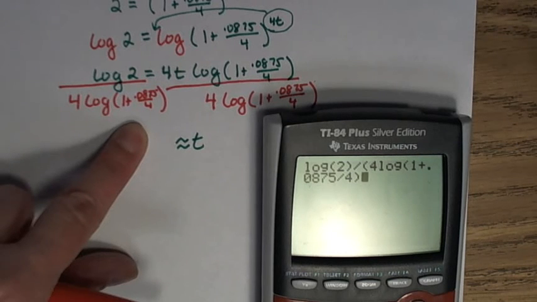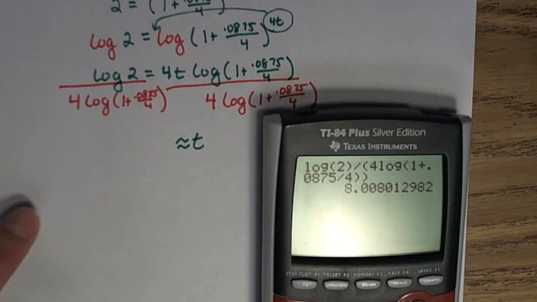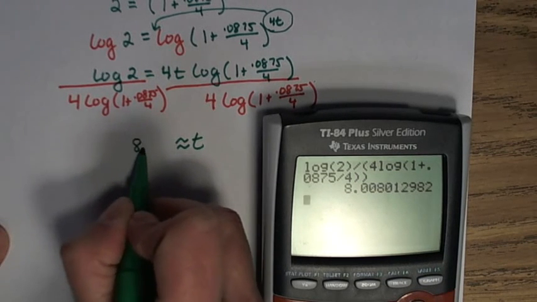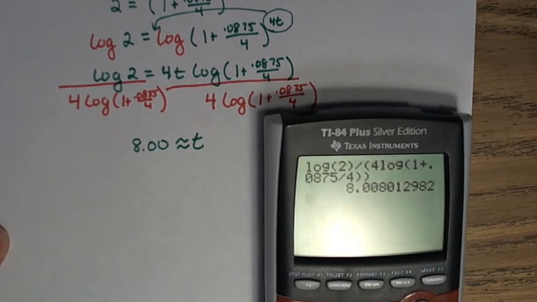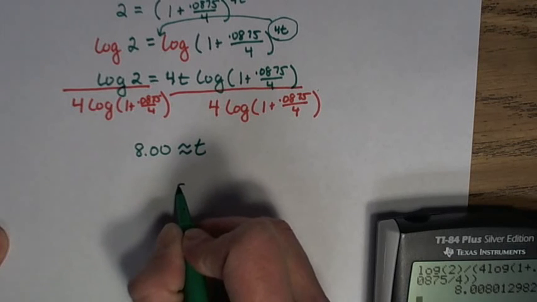Close off the log and close off the denominator. And when I hit enter, I get 8.00, or very, very close to 8 years.